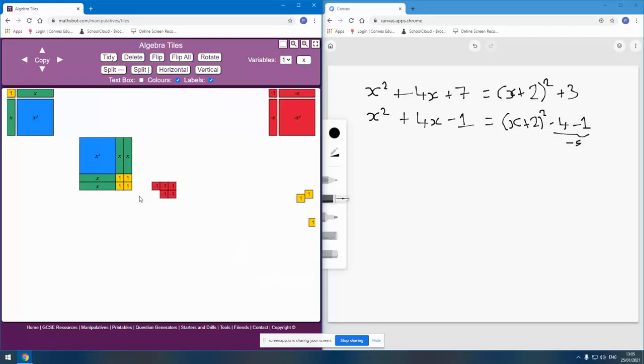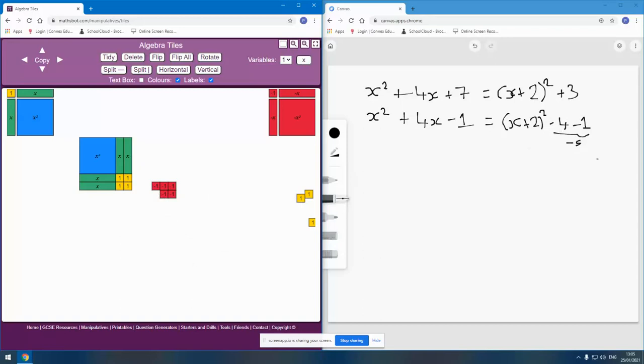Of course, this relies on pupils having seen and being familiar with the idea of zero pairs, that if I introduce a 1, I can introduce a -1 to balance it because the result is 0. And so now I can see that what I have is a complete x square. But to complete that square, I had to introduce 4 1 tiles, so I've had to introduce 4 -1 tiles, and there's our -4 again.